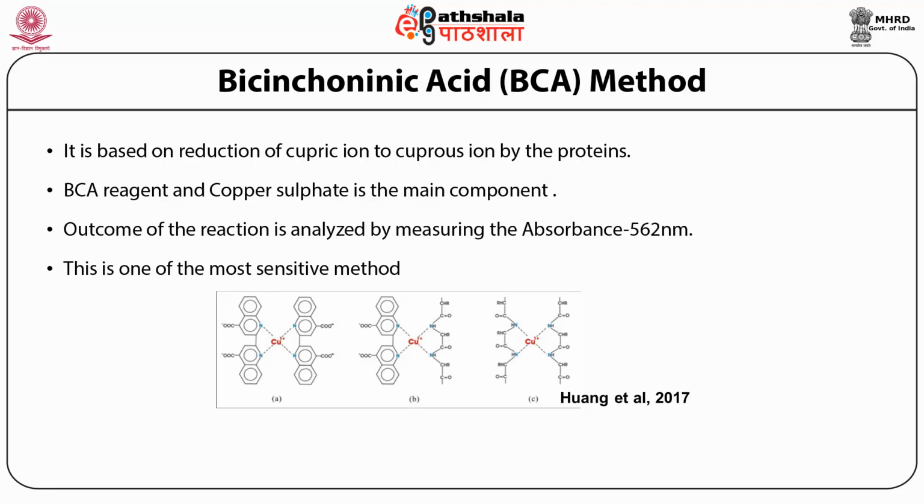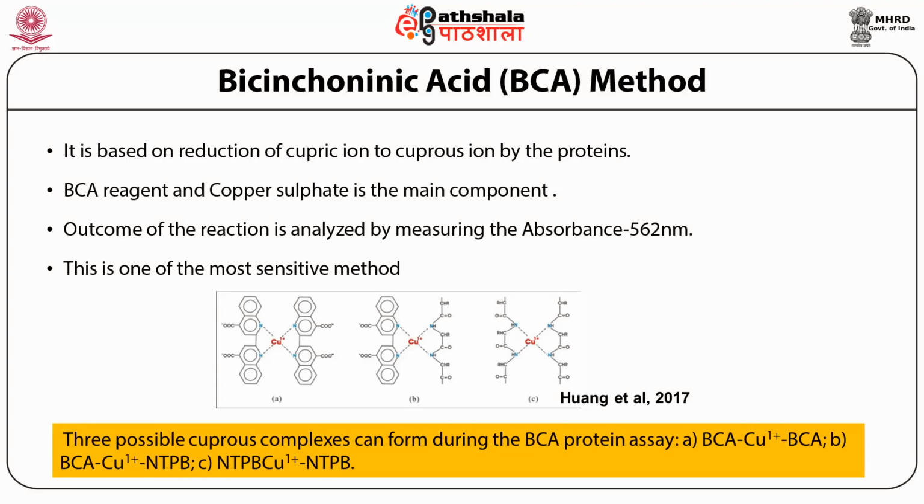You can see here in the structure how the two polypeptide chains interact with the copper ion, forming the complex. You can see in panel A, BCA, copper plus 1 BCA, then in B, BCA, copper plus NTBP, and in the third panel C, NTBP, copper plus NTBP, and this method is used for the estimation of protein at minimal concentration.